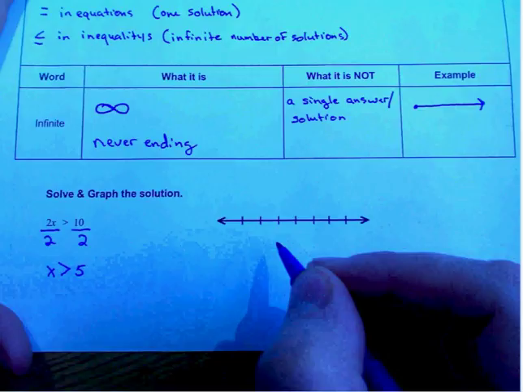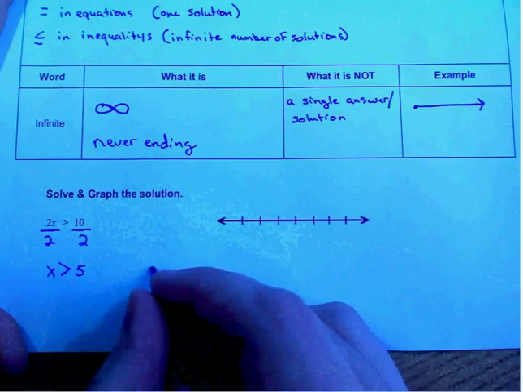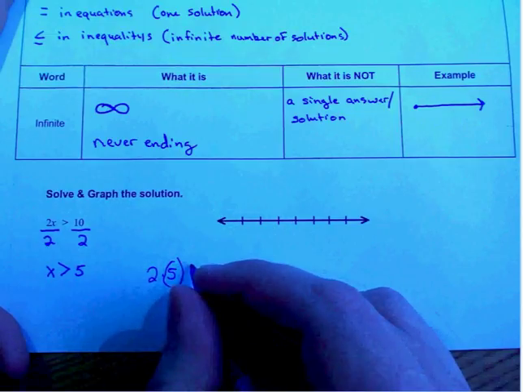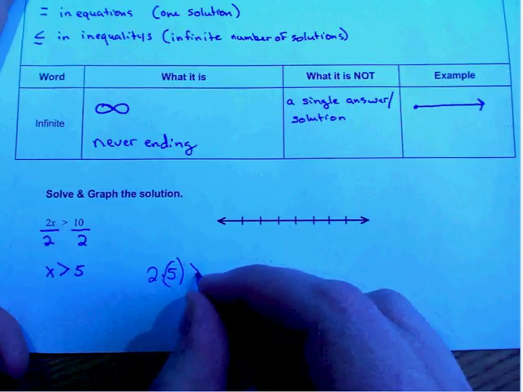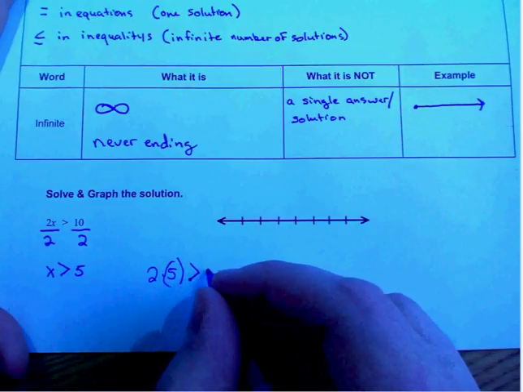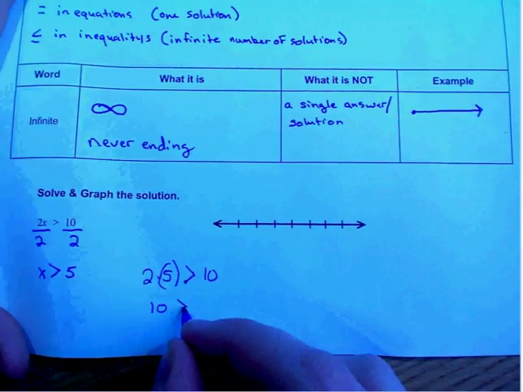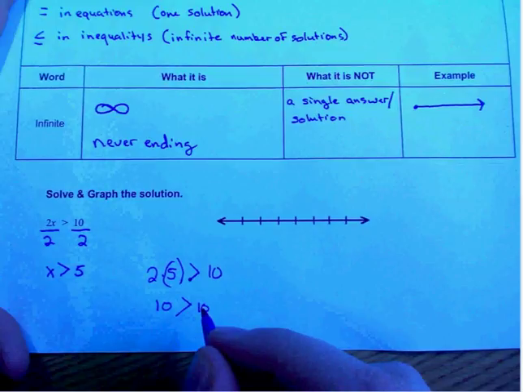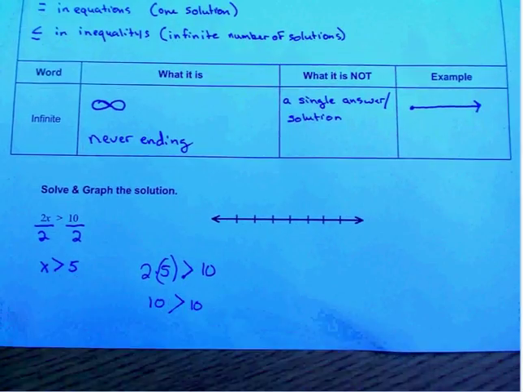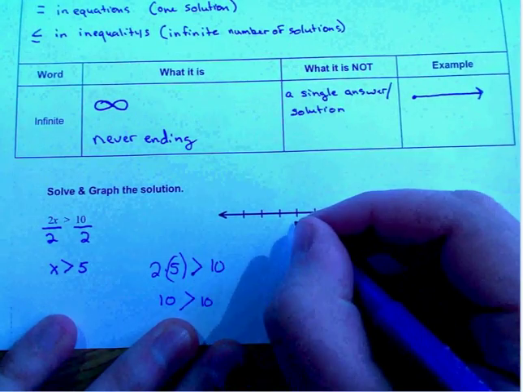So I'm going to check my answer first using substitution. 2 times 5 is greater than 10. And 10 is greater than 10. Okay? So in order for our solution to be true, x has to be greater than 5.